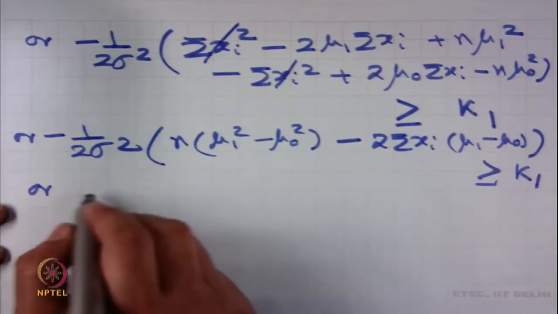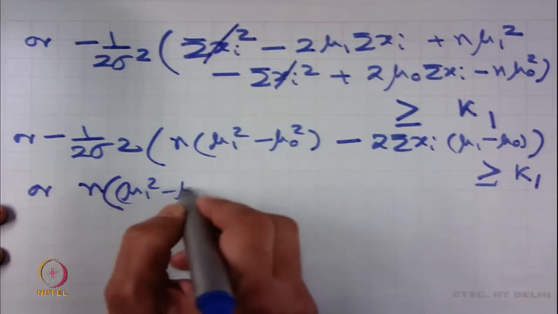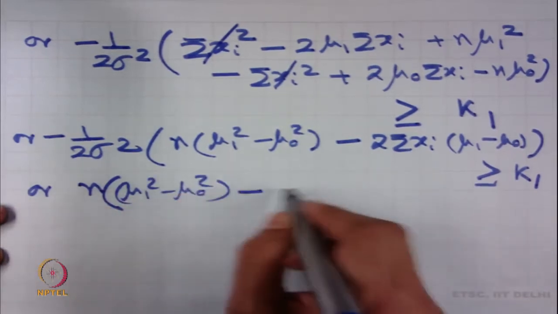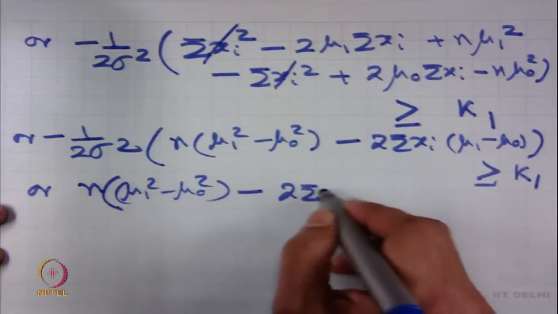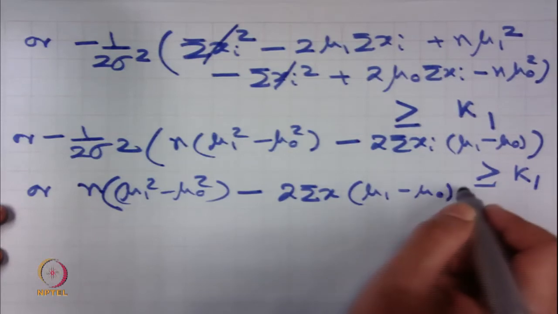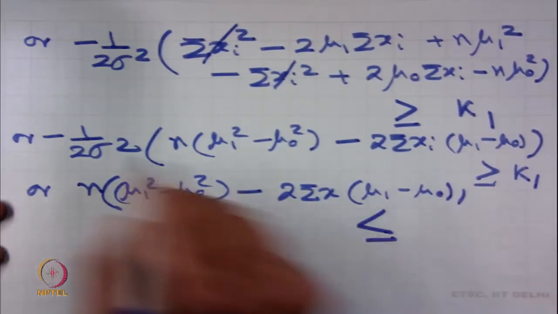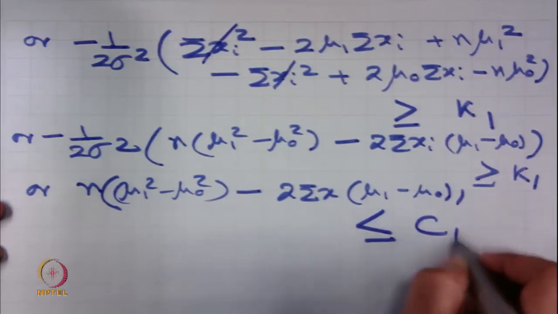or n times mu 1 square minus mu naught square minus 2 sigma xi mu 1 minus mu naught is less than or equal to some constant, say C 1.